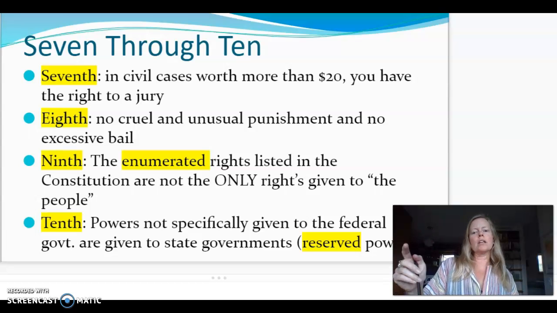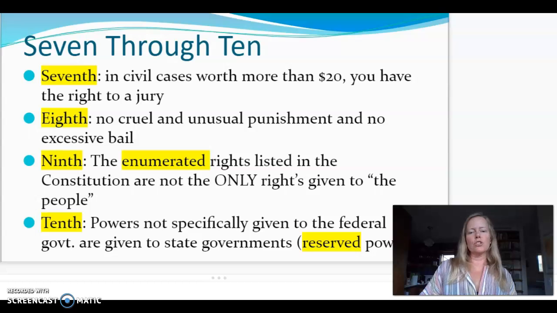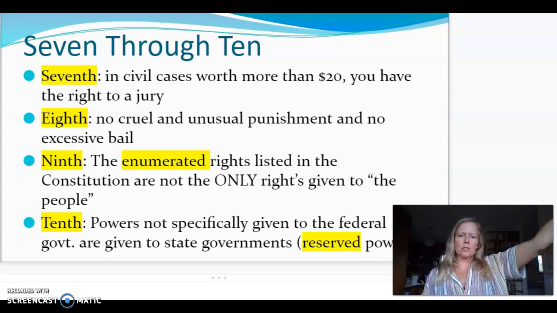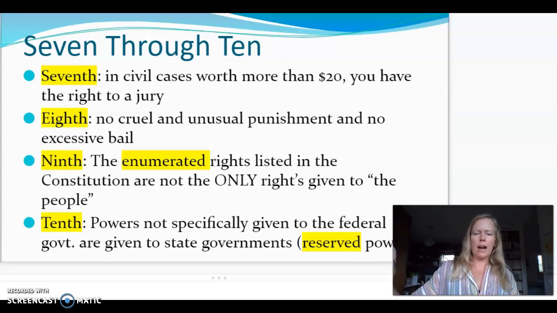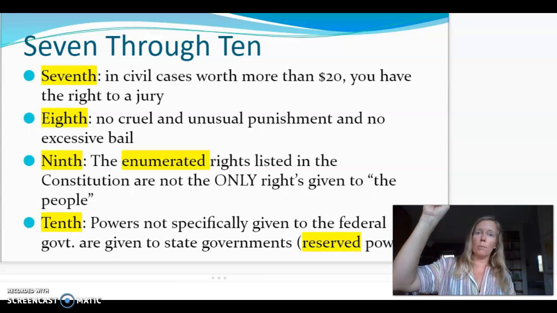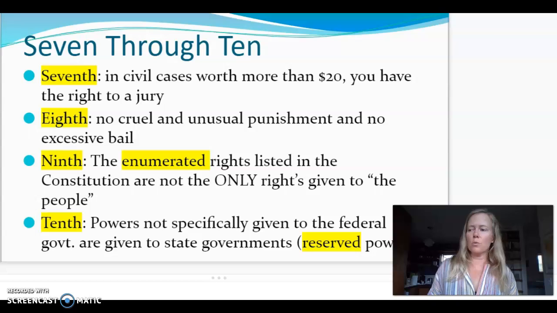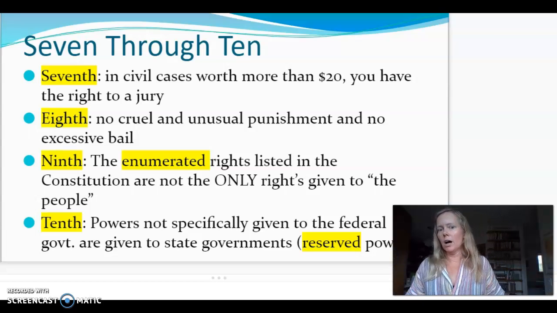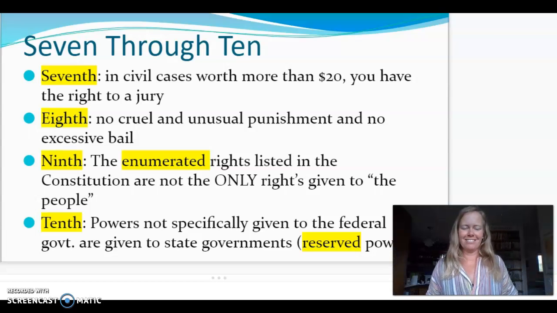Those enumerated rights are not the only rights given to the people, okay? So we have other rights. The people that wrote the Constitution, they don't need to write down 1.5 million rights. They write down 1 through 8, and 9 says people have other rights, okay? So how do we know we have the right to pick our nose in the car? Well, the Ninth Amendment, right?